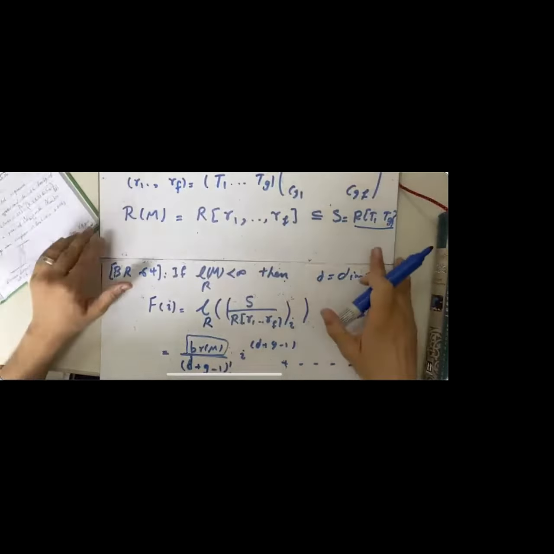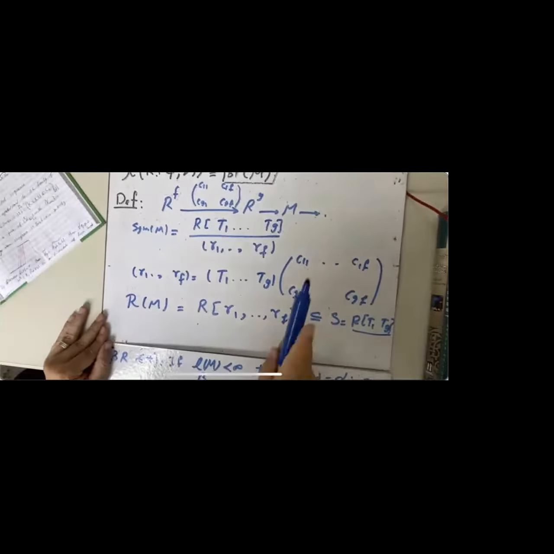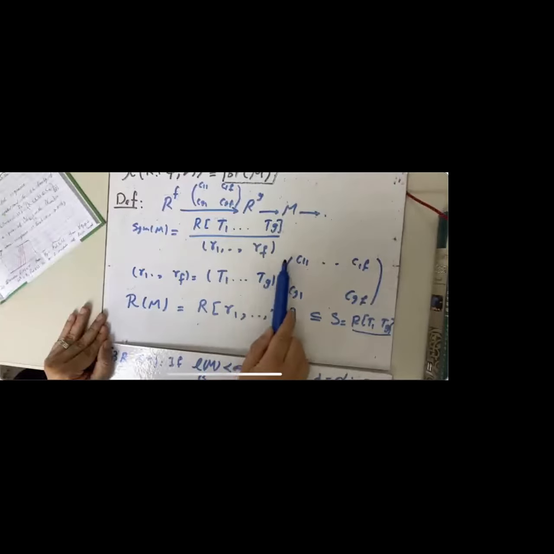So let me recall once more, not to forget the notation. We have a module M, we have a matrix here, and these are the entries of the matrix. We take new variables T1, ..., Tg and multiply them into this matrix to obtain the symmetric algebra equations. So these are just the linear syzygies. Then we consider the algebra generated by these things, the Rees algebra of the module.